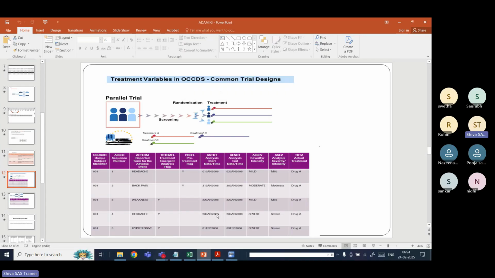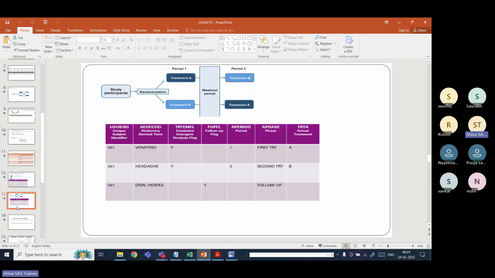So if it is a parallel study, any adverse event that is happening, the subject is taking only one drug, right? That drug information is populated in the variable TRTA. In the case of a crossover study, at the particular time when it was happening, you check which period that comes under, and in that period whether the subject is allotted drug A or drug B, that information you populate. Here you can see subject 001 having vomiting in the first period.